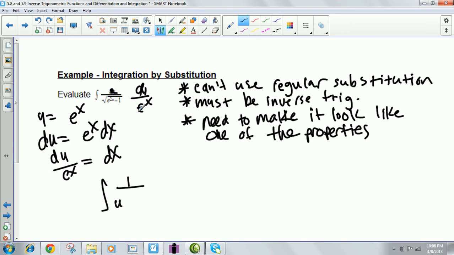Okay, so if that's true, then du is equal to e to the x dx, and so then dx is equal to du over e to the x.